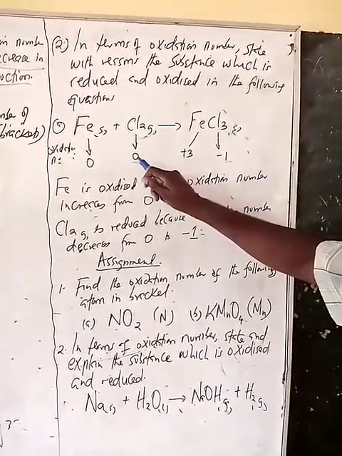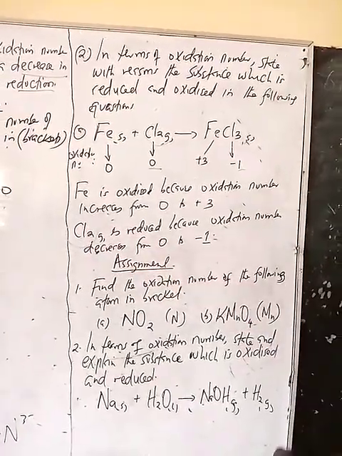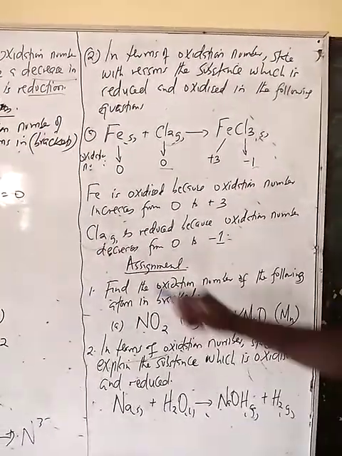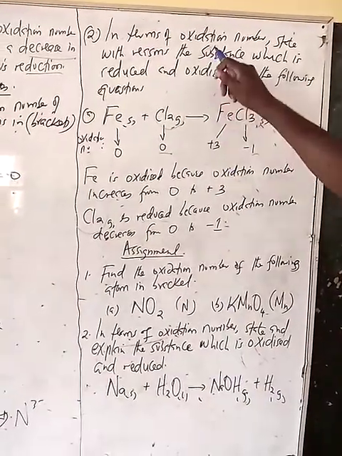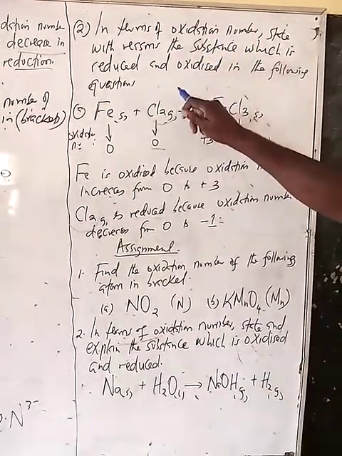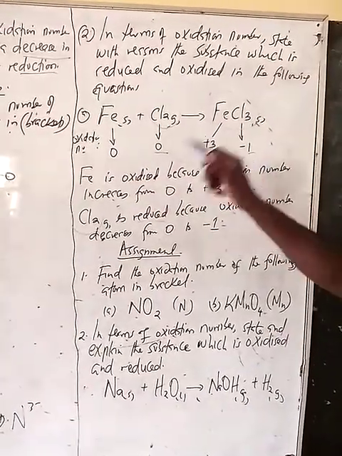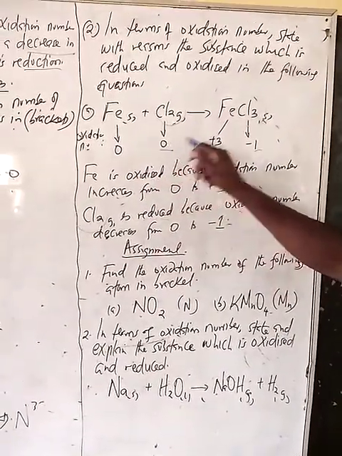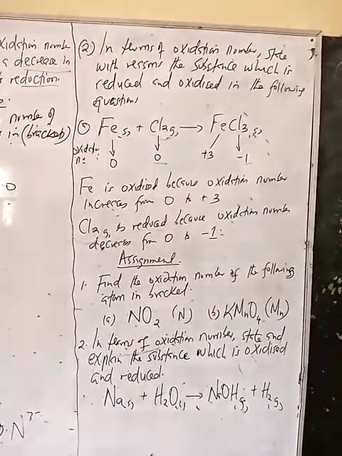Because the oxidation number reduces, chlorine is reduced. Because it is reduced, it's an oxidizing agent. That is to say, in terms of oxidation number, a substance whose oxidation number increases is oxidized, and the one whose oxidation number reduces is reduced. Like chlorine is reduced and iron is oxidized.